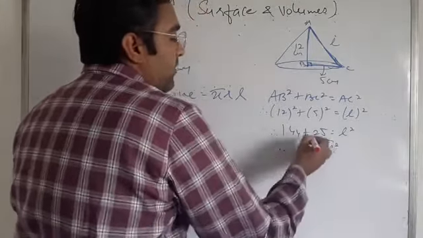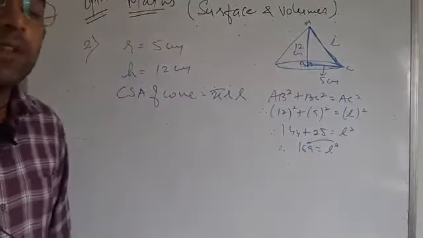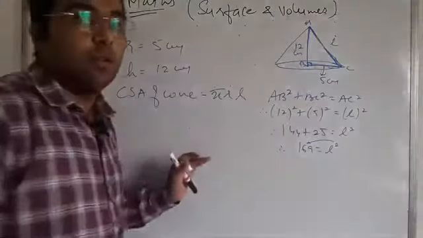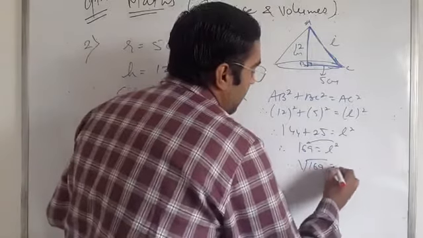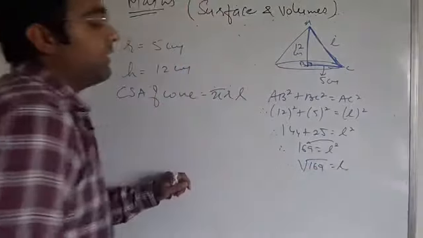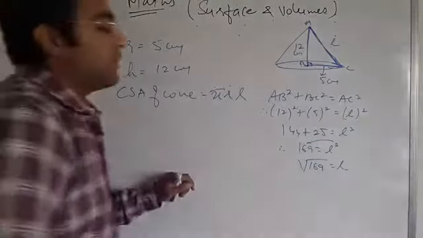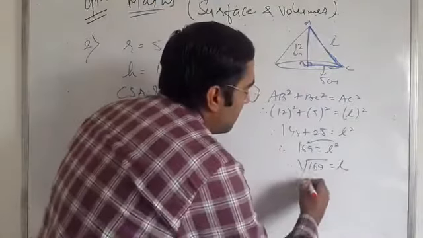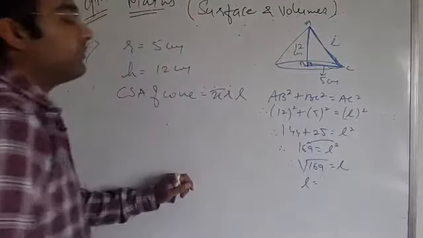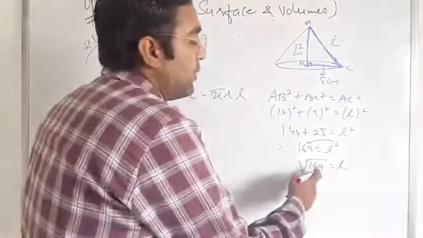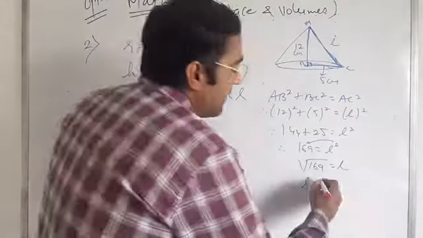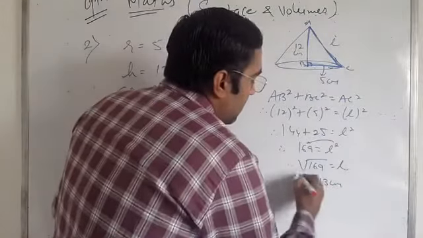Now shifting the square to the other side, it becomes the square root of 169 equals L. So the length of the slant height is the square root of 169, that is 13 centimeter.